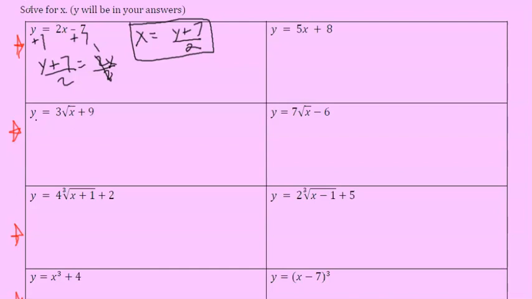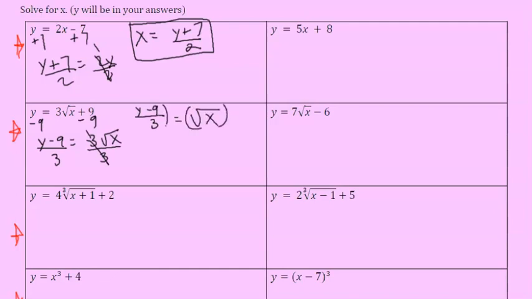Let's look at this one. Y equals 3 square root x plus 9. To get x by itself, we can first subtract 9 from each side. We have y minus 9 equals 3 square root x. Divide each side by 3. We have y minus 9 over 3 equals square root of x.